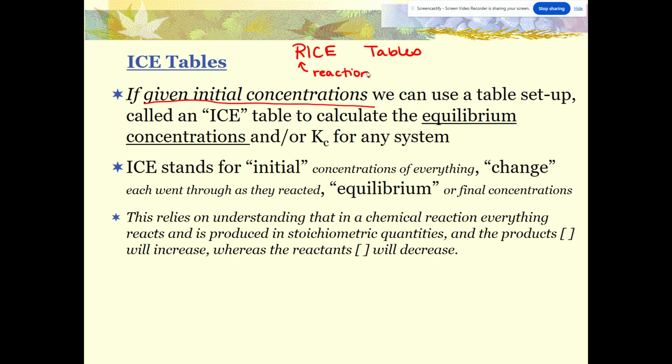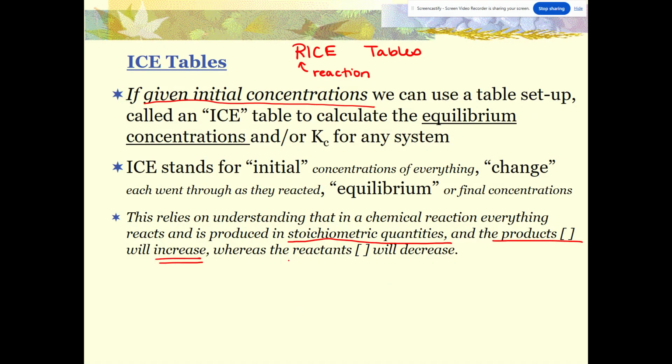This relies on understanding that in a chemical reaction, everything reacts and is produced in stoichiometric quantities, so we're going to be doing some stoich calculations. The products always increase, so the change the products go through will always be going up.